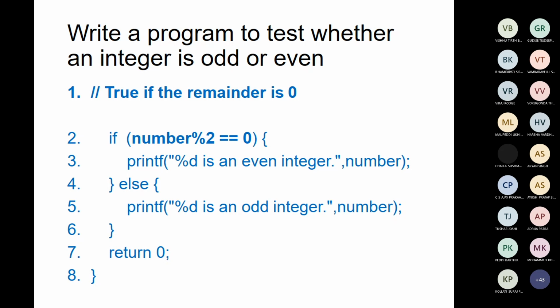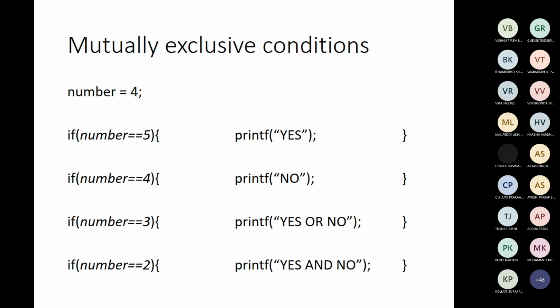And when that is false, that means number %2 equals 1, it will come to the else part. So imagine this simple modification.